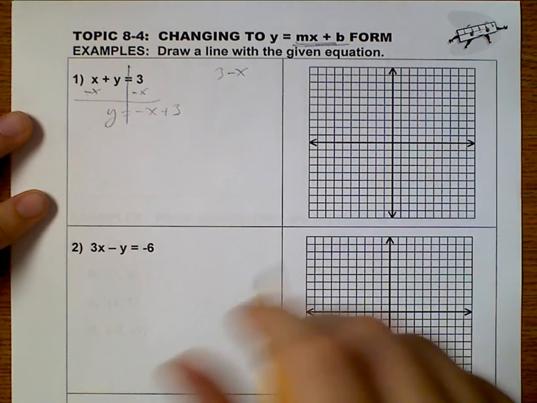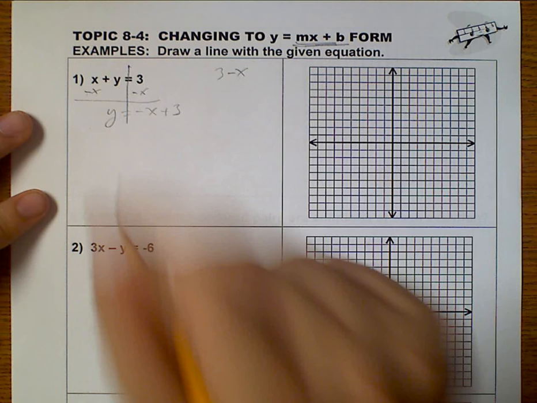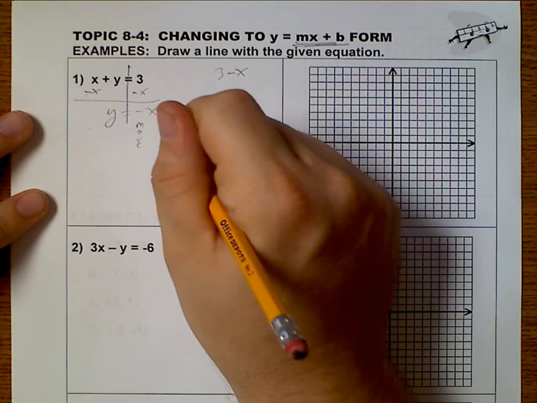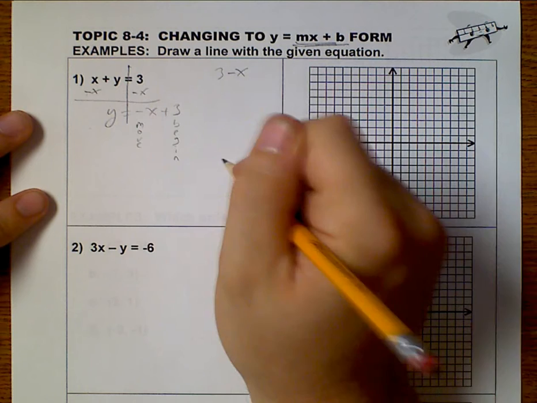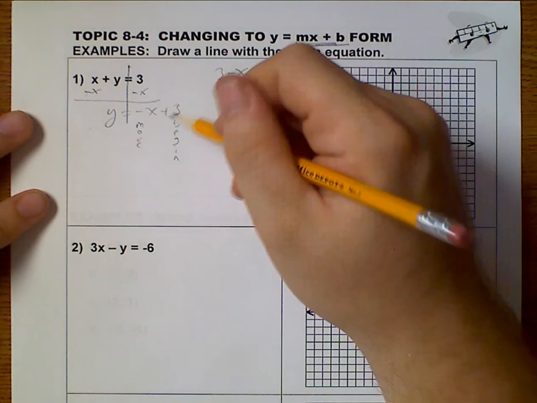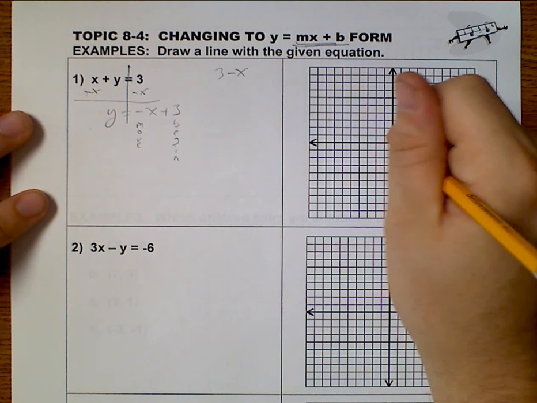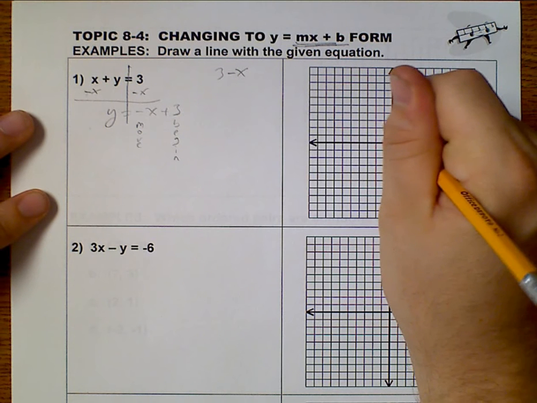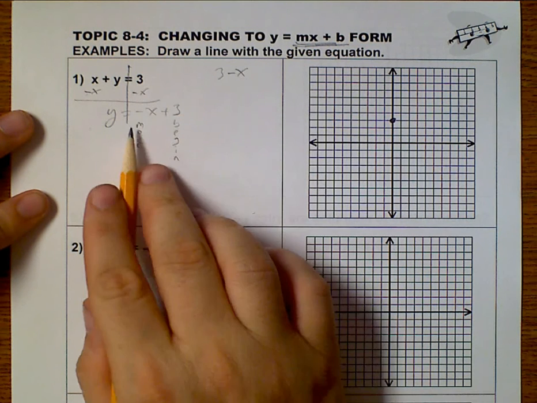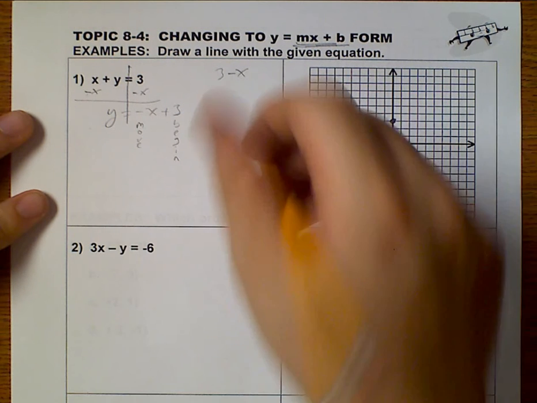And so I come over here, and this is how I move. This is where I begin. I begin at 3, and this is the y-intercept. 1, 2, 3. And so I plot that point. And then I move negative 1, so it'll be negative 1 over 1.